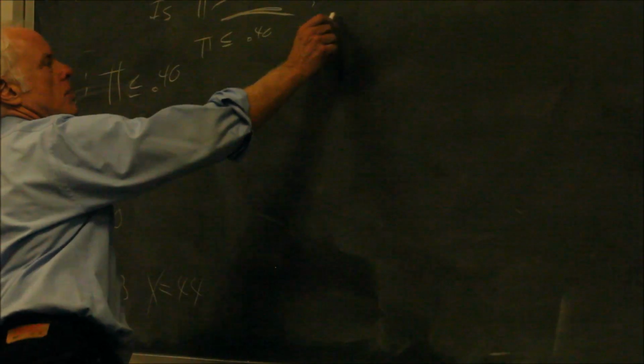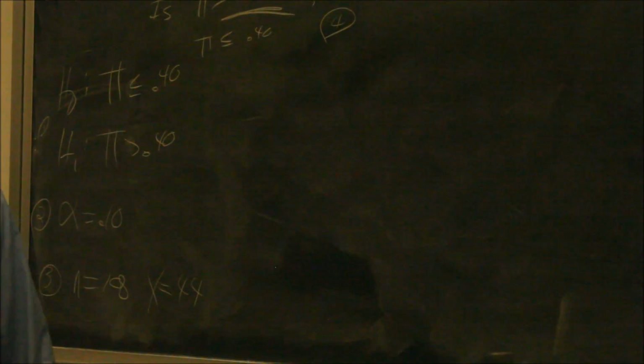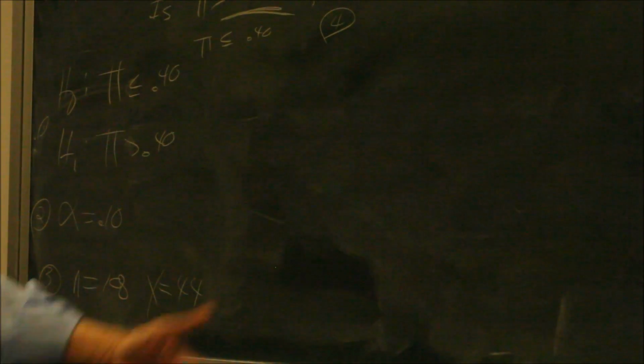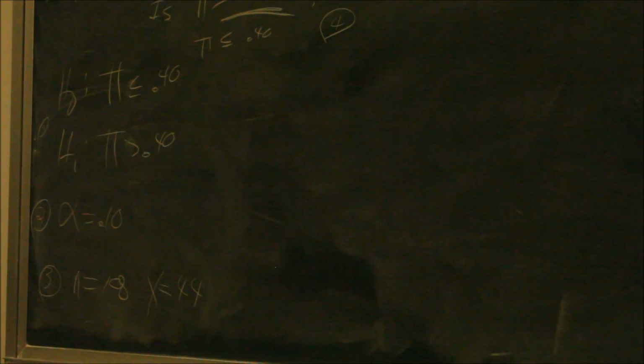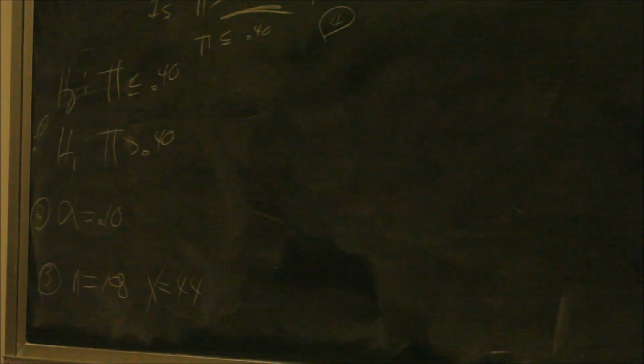Okay, and then what's the fourth step in the hypothesis test? The test statistic. When you have proportions, what's the test statistic? It's on the handout. We're using Z, the one on the far right.